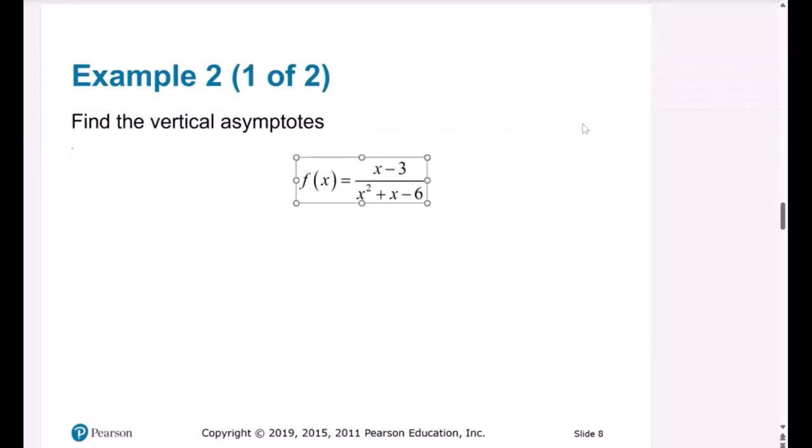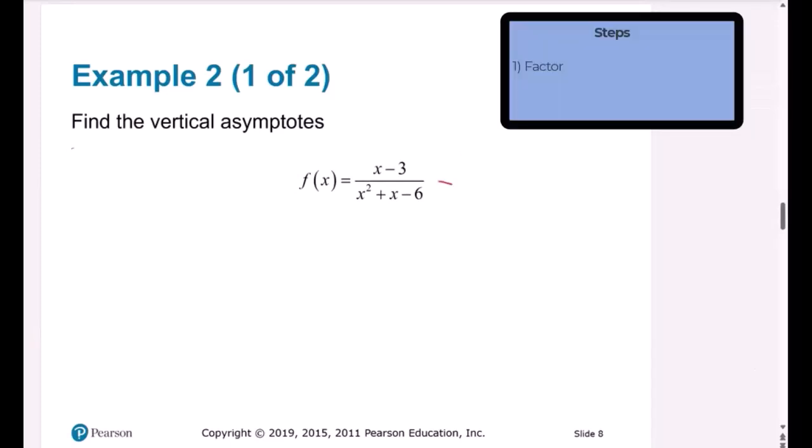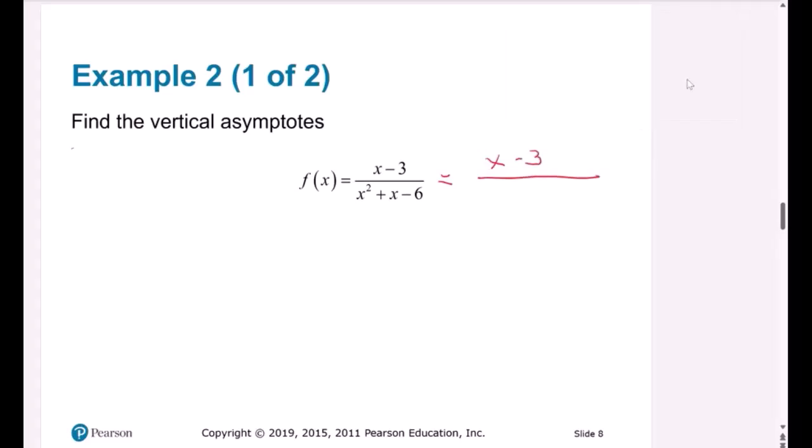So I have this function, and the first thing I do is I factor. If I factor this, well, the numerator doesn't factor, but the denominator factors into x plus 3 times x minus 2. Now, nothing cancels. I don't have any common factors, do I?